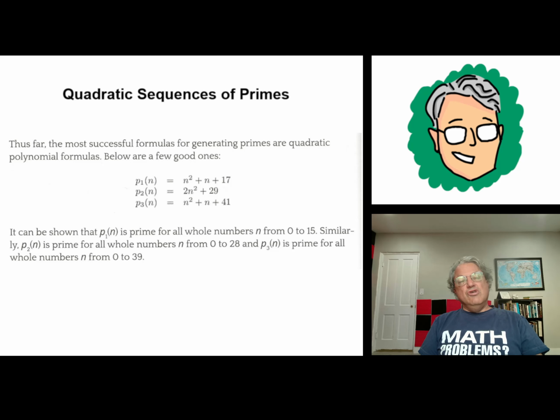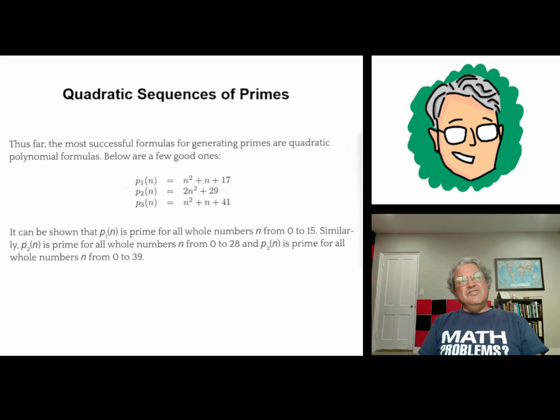If you let n go all the way to 100, I think you get a total of 86 primes out of 100. Only 14 more numbers in the sequence are composite from 41 to 100. 14 out of 60. So you're still getting about 3/4 of the numbers from 41 to 100 prime. And the biggest of these is almost 10,000.